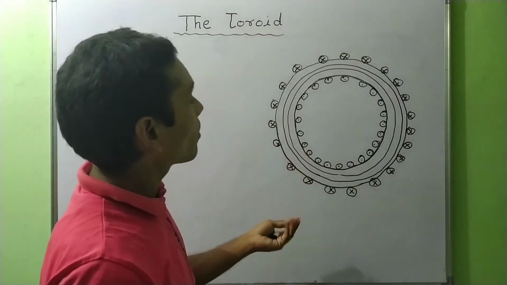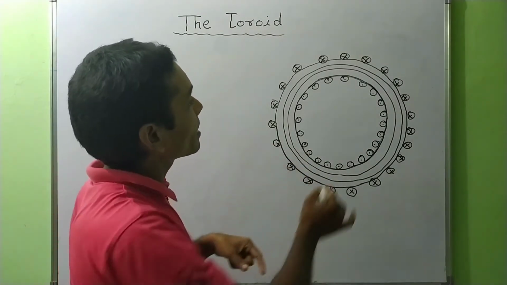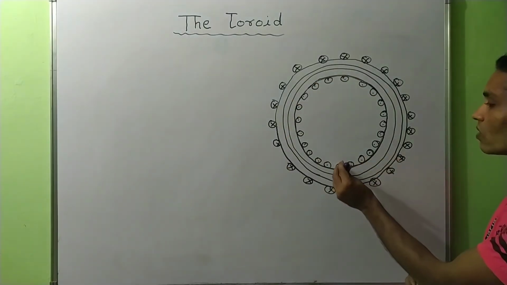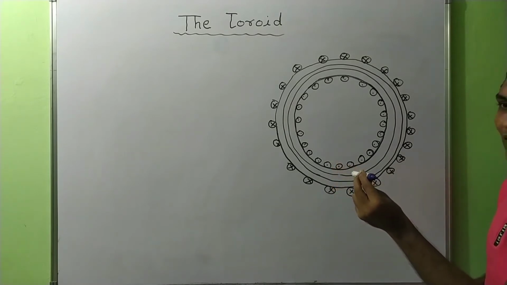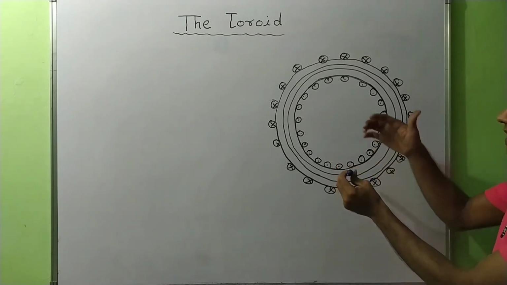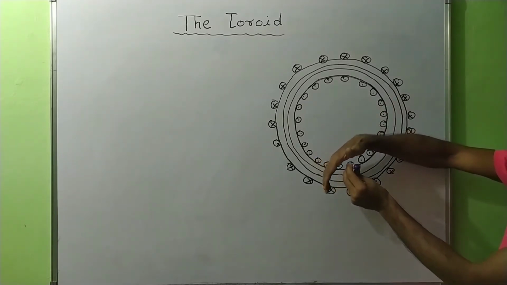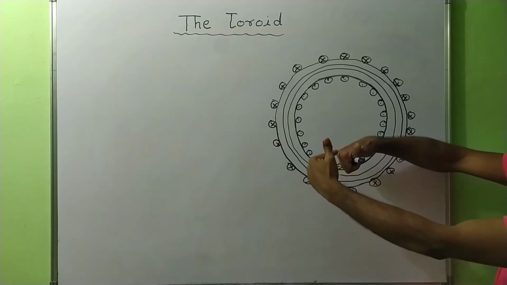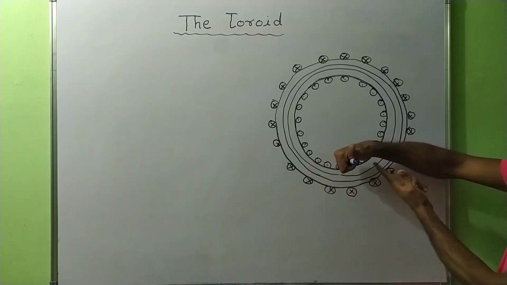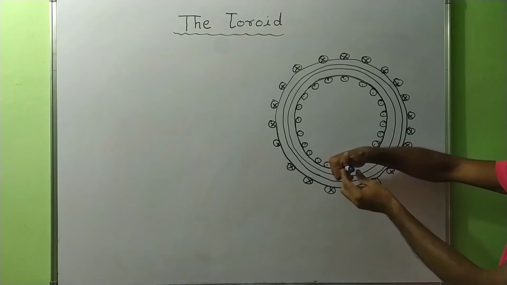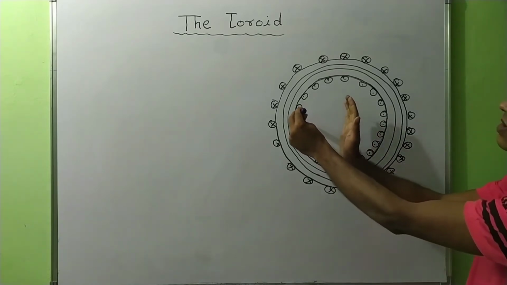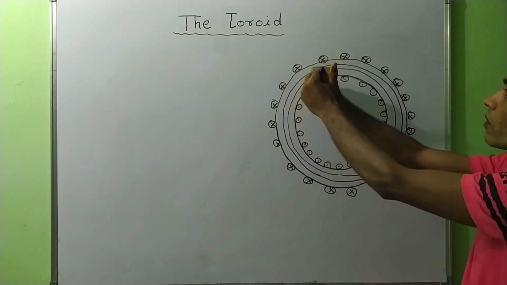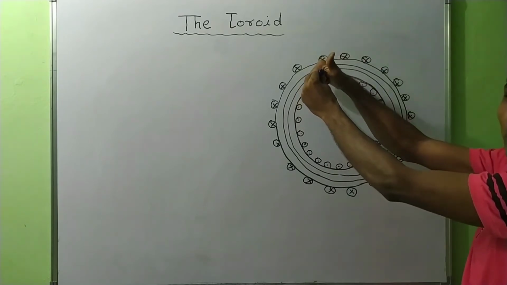And what will be the direction of these magnetic lines of force inside the toroid? Here the direction of current at that point is coming out, outward direction. By the right hand thumb rule, if the thumb shows the direction of current, then the curl of fingers shows the direction of magnetic line of force. For each circular copper wire, the direction of magnetic line of force will be along the curl of fingers.